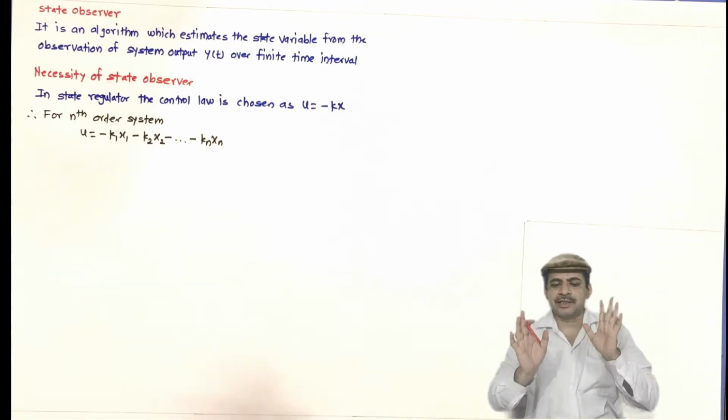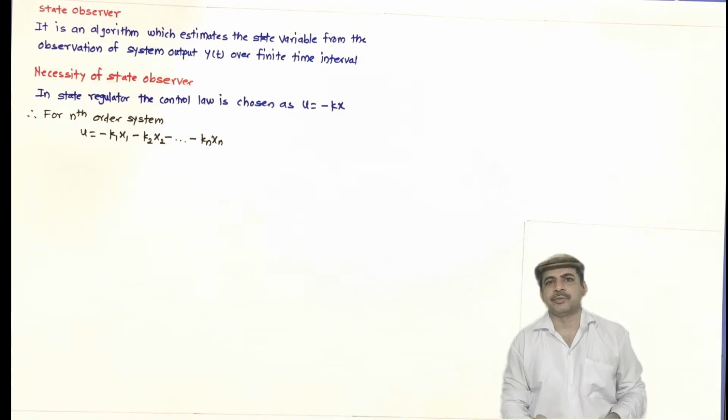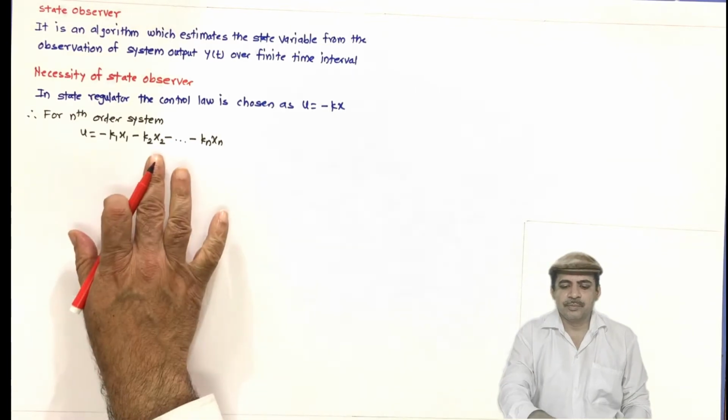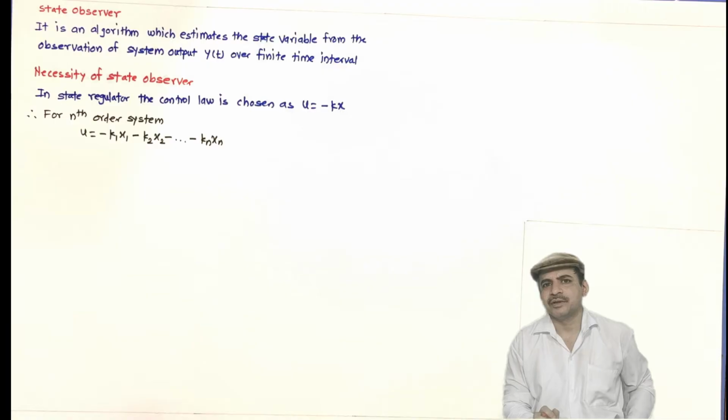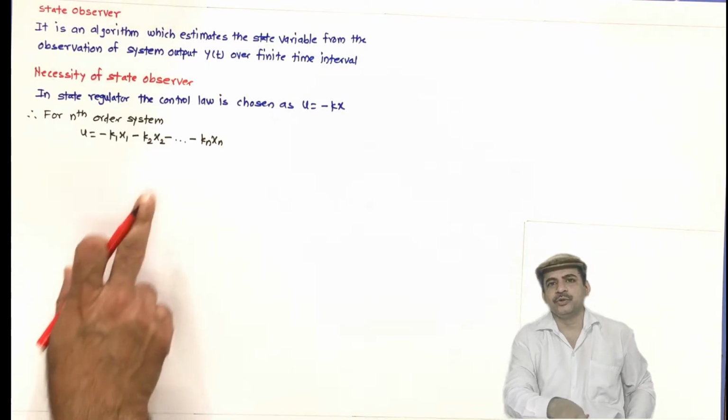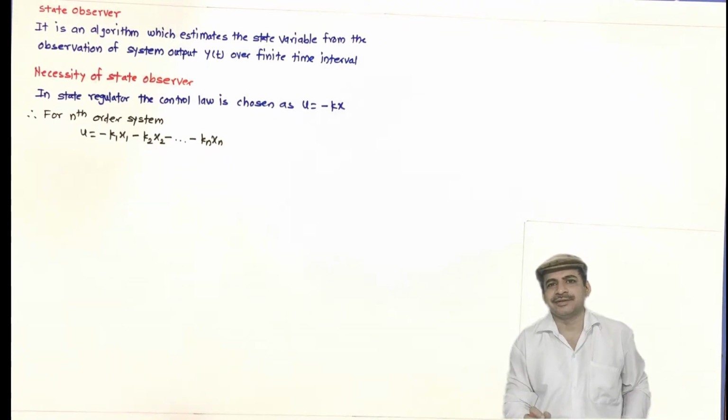Now say, for example, we have x1 available for the measurement, but from x2 onwards we don't have this measurement available. Then how to compute u if x2 onwards are not available?